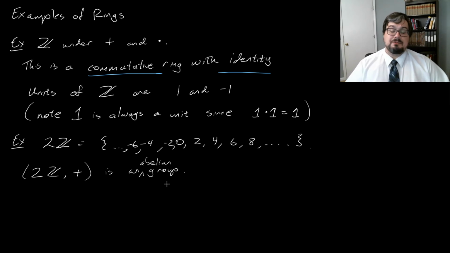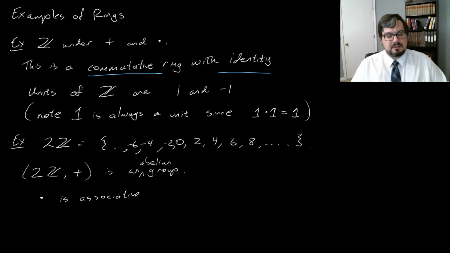So that takes care of the first 3 requirements in the definition of being a ring. Now we need to make sure that there's a multiplication. Multiplication does work here because if I multiply any 2 even numbers together, I get another even number. So the set 2Z is closed under multiplication. And multiplication is still associative, and it does, in fact, distribute over addition.